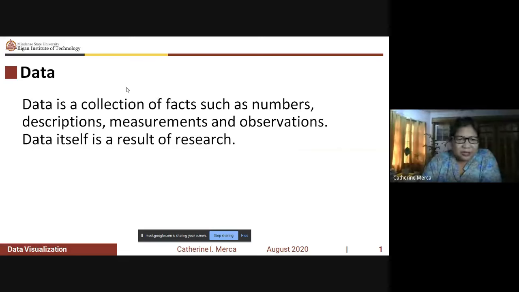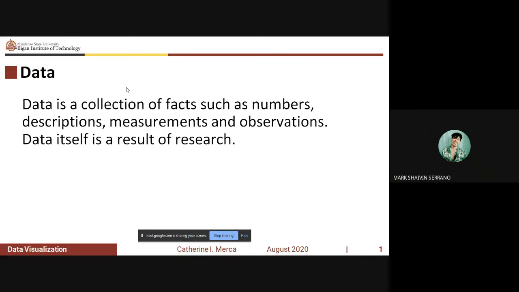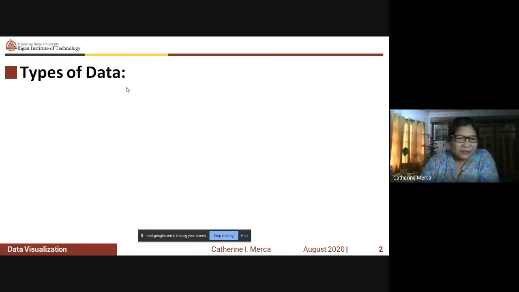So data, you have a collection of facts such as numbers, descriptions, measurements, and observation. So data itself is a result of research. If you remember, you have an assignment for tonight, which is data of the body proportions. So there are several types of data.